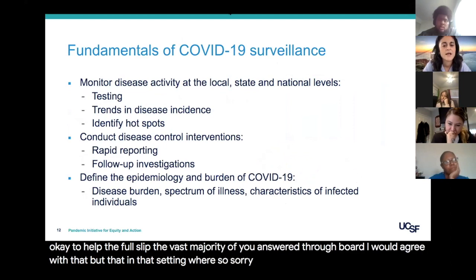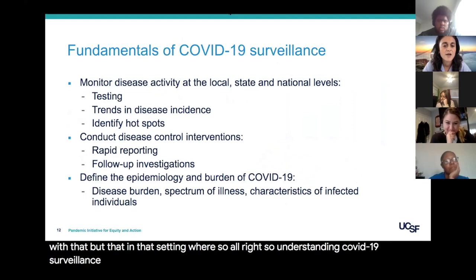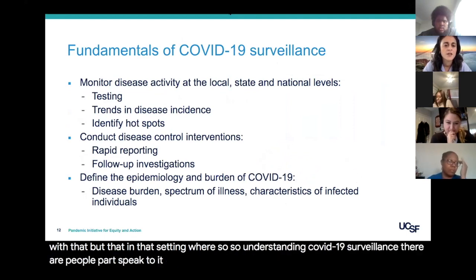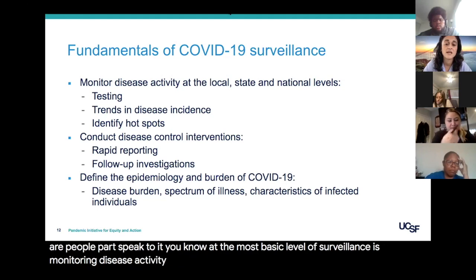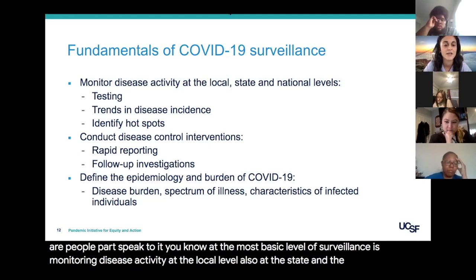All right, so understanding COVID-19 surveillance, there are a couple parts that go into it. At the most basic level, surveillance is monitoring disease activity at the local level, but I would argue probably most critically also at the state and national level.